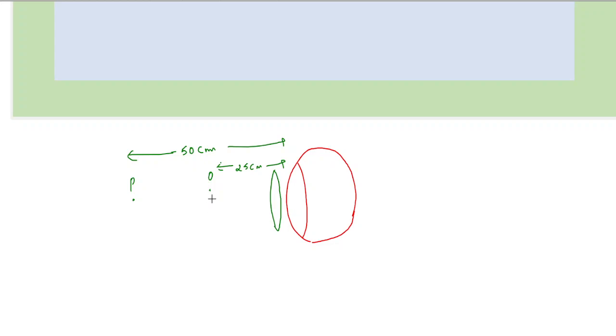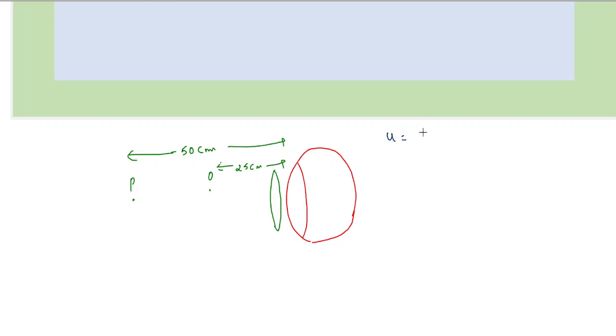Again, as seen in the previous numericals, light from the object O falls on the lens, and this lens forms image at the point P from where this eye can see.